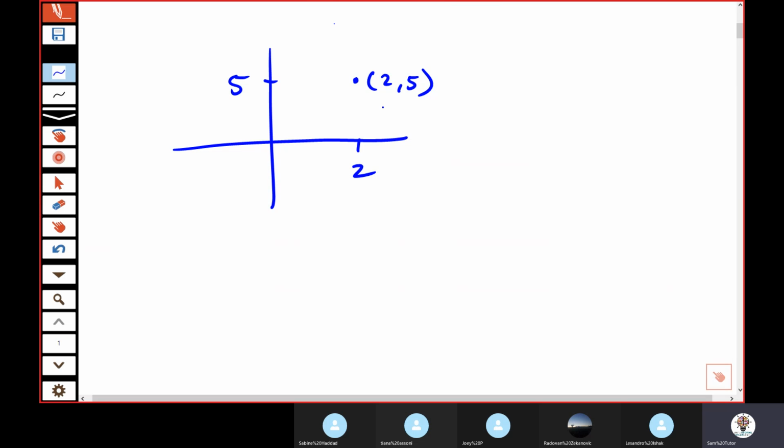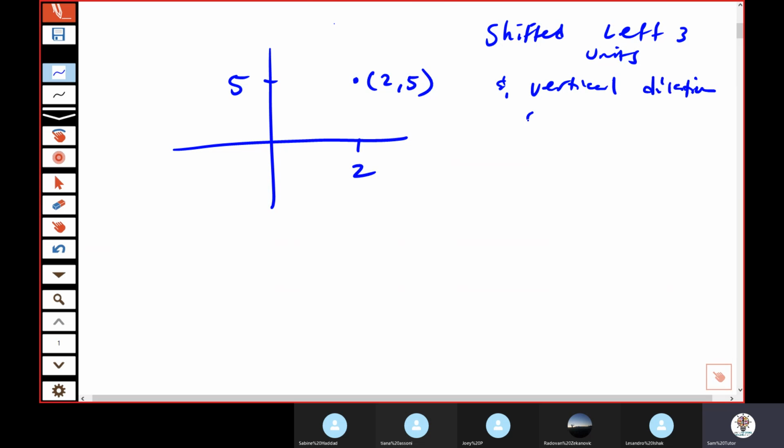If I shifted left 3 units and then a vertical dilation of 2 and then a horizontal dilation of 3, because if you can understand this one then you'll understand everything. Okay, let's see what the heck has happened.